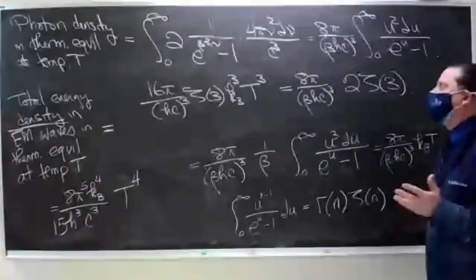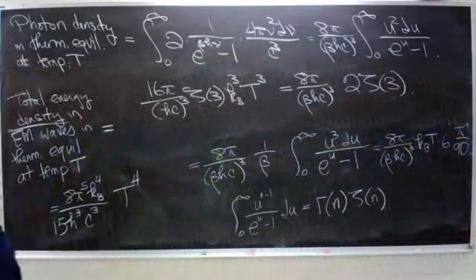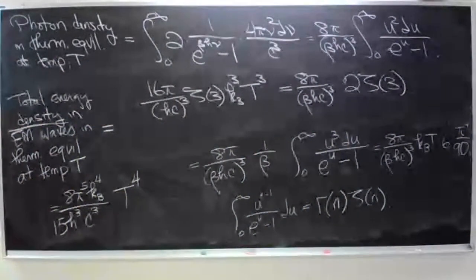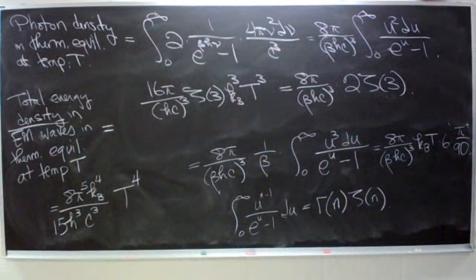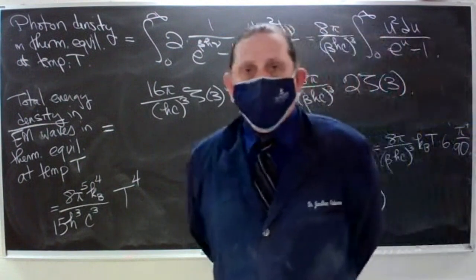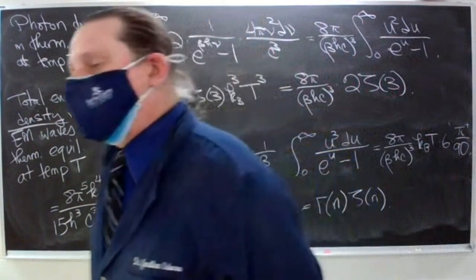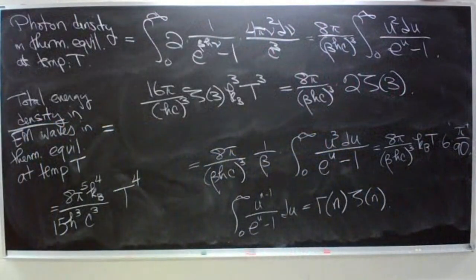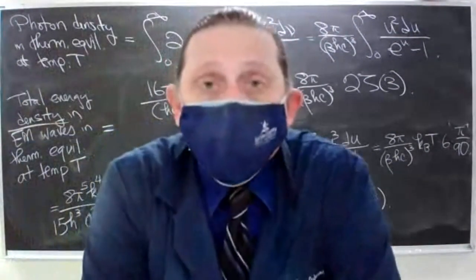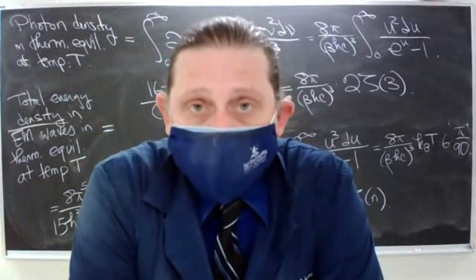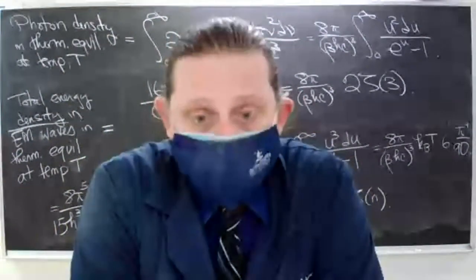So the energy density goes up like the 4th power of the temperature. The number of photons only increases as the 3rd power of the temperature. And that makes sense, because as the temperature increases, you're exciting photons with more and more energy. So those are some of the mechanics of the Planck distribution.